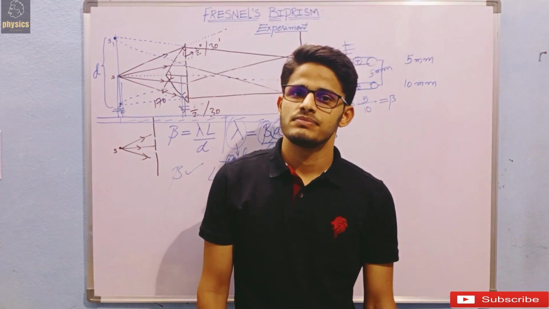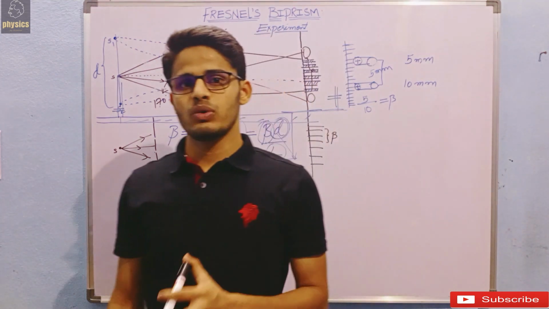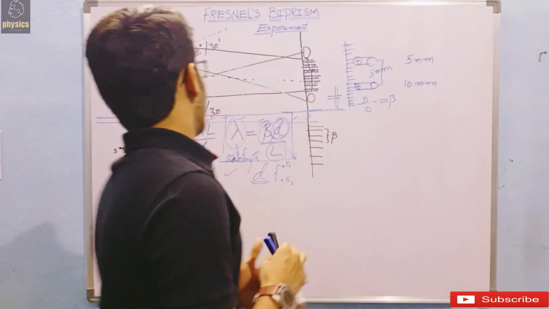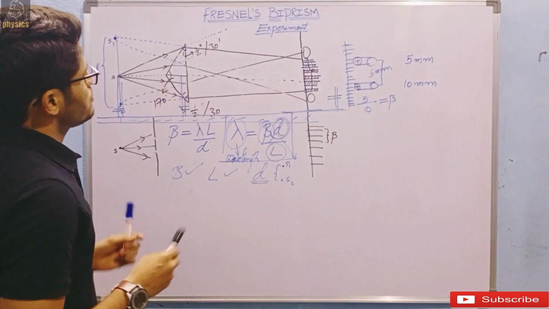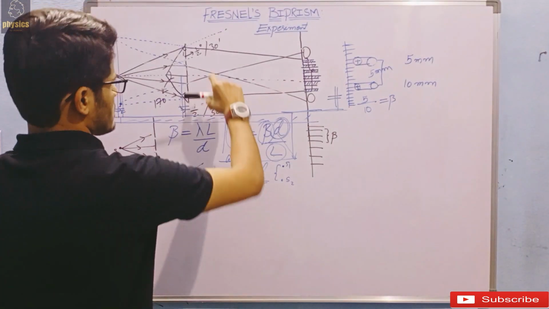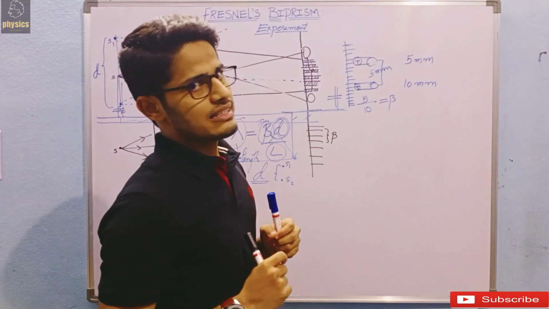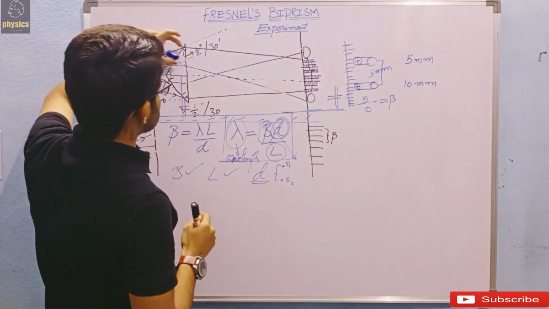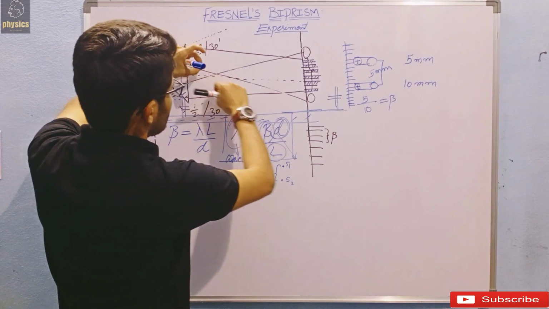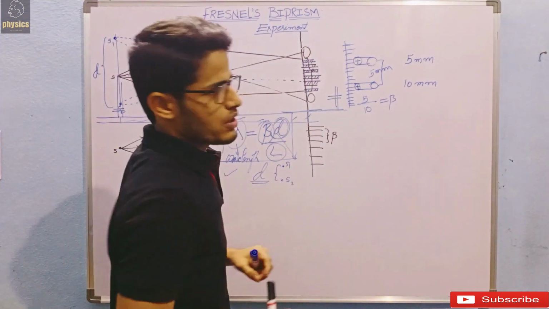That's the problem, so Fresnel came up with this idea. His idea is to put a convex lens here. That convex lens will merge the light from these sources into two points on the final screen.